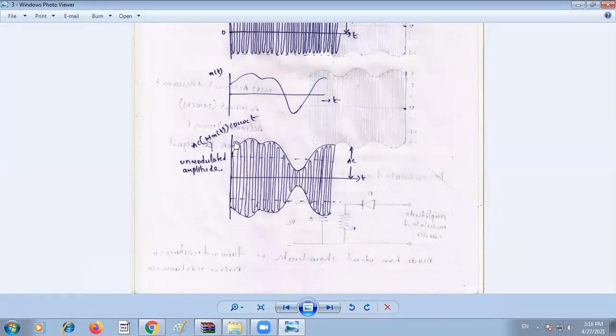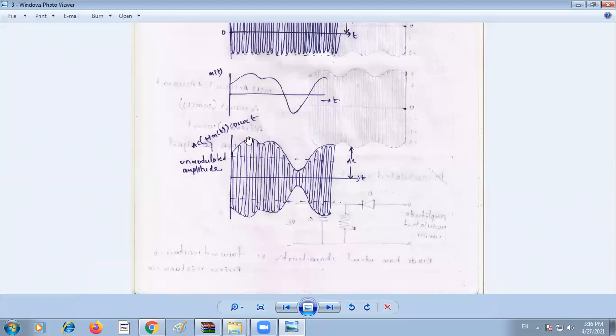Over and above that, an amplitude variation takes place, depending upon the m of t signal variation. Up to the dotted line, the amplitude is constant. Over and above, the amplitude of the carrier changes according to the modulating signal changes. That is amplitude modulation.